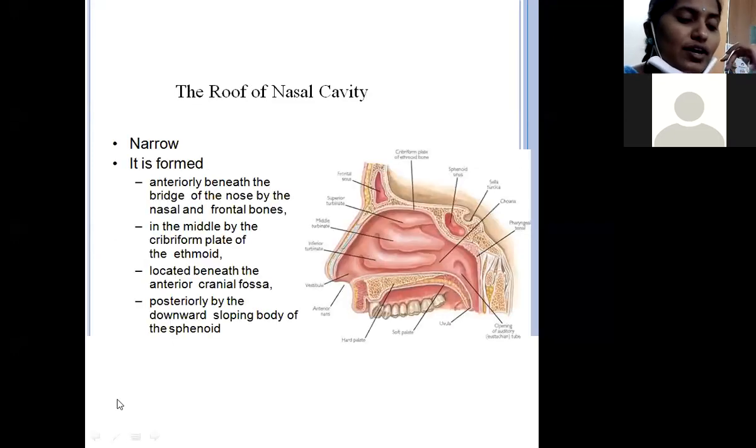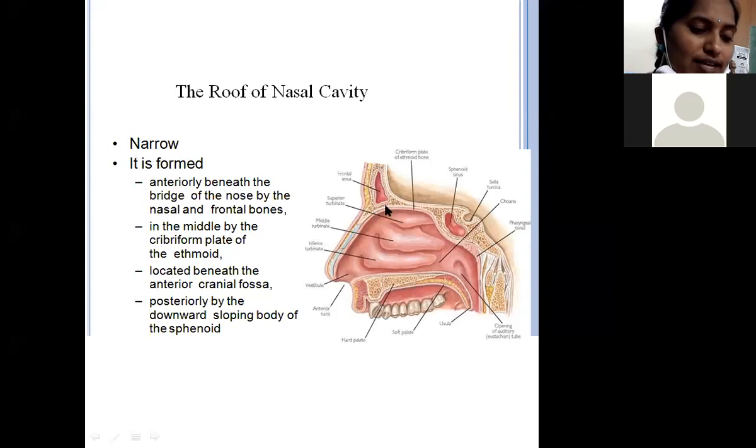If you see the roof here, what are the bones which form the roof? It is narrow. Anteriorly, beneath the bridge of the nose, it is formed by the nasal and the frontal bones.